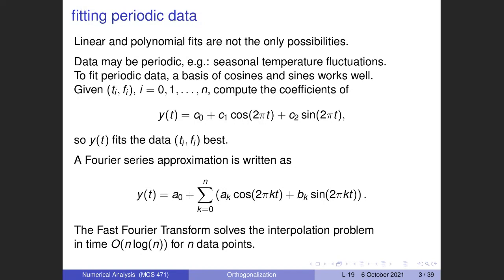And then actually a basis of cosines and sines works specifically well. Now, cosines are actually also polynomials, as we have seen with the Chebyshev polynomials. So there is also orthogonality that comes in.